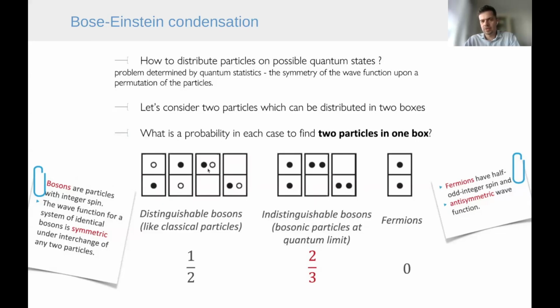So it means that it is just equal to 0. So in the case of fermions, we have 0 probability of two particles in one box. So this phenomenon where bosons have higher probability of being in the same state is actually also known as the phenomenon of bosonic bunching.